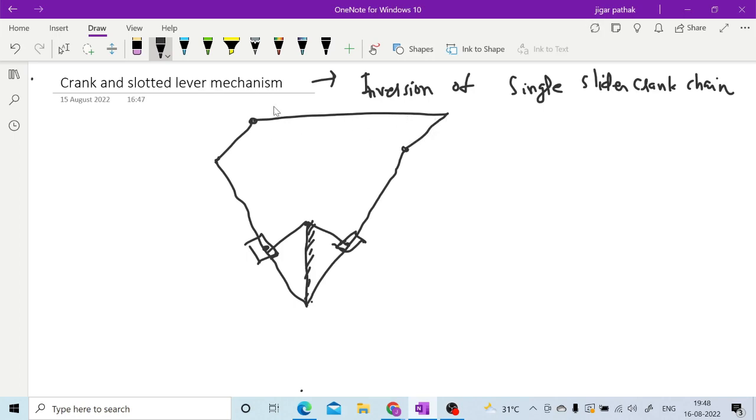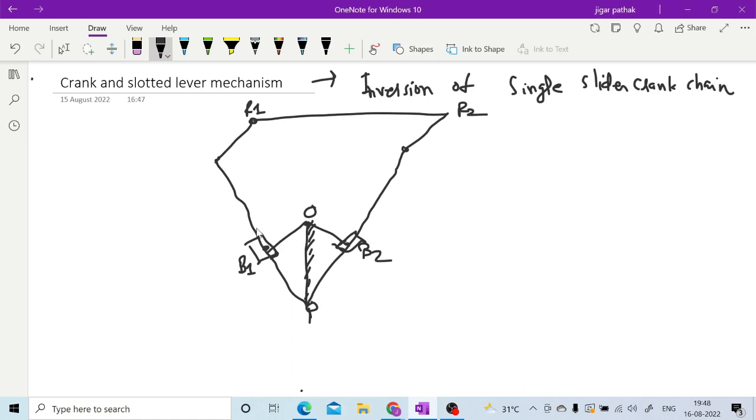This may be the ram, so R1 and R2. And here you can have B1 and B2. OB is your crank, and you can consider OP as nothing but the connecting rod.